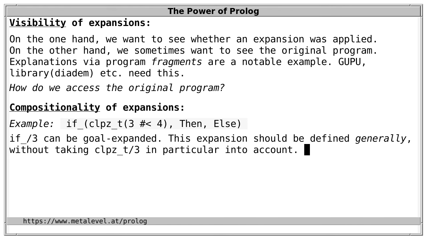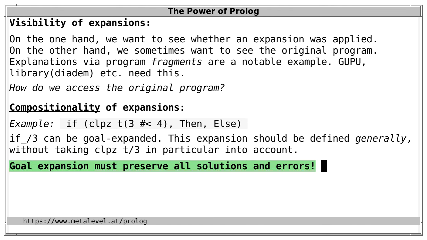What we do want is generality of definitions, so that they work in many different concrete situations. Ideally, at least, an expansion is defined only for if underscore in library rev and separately only for CLPZ-T. We want a modular and general mechanism that can cover all such combinations without having to enumerate them all.